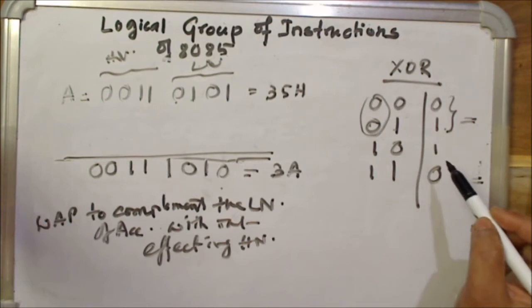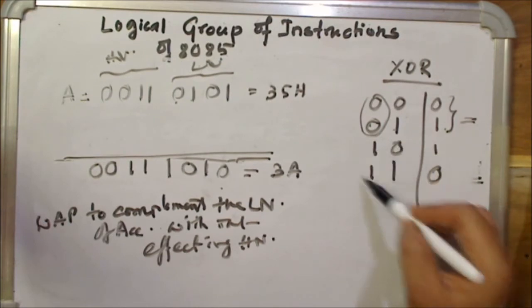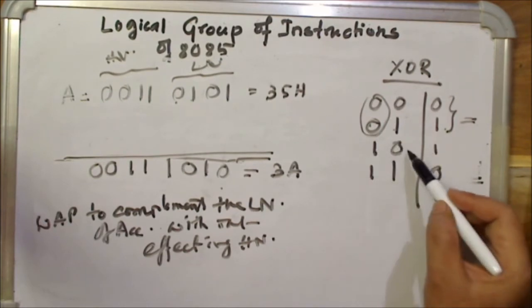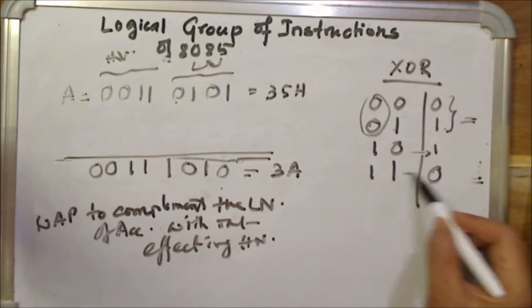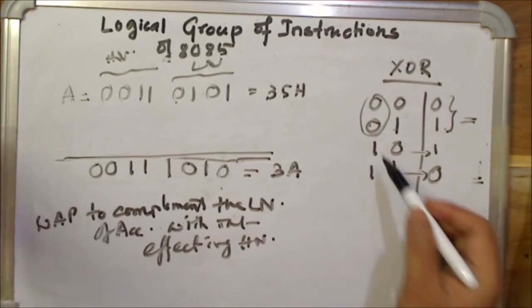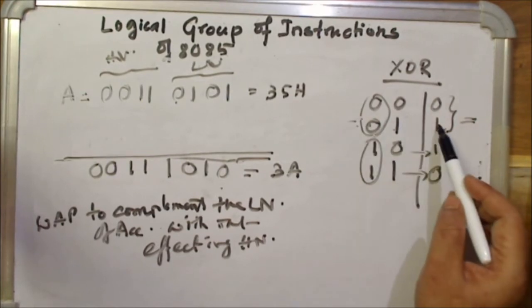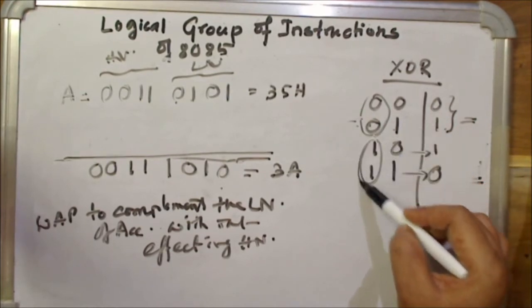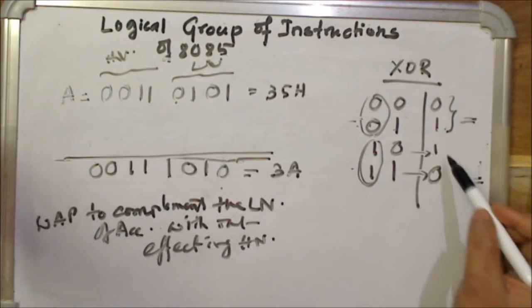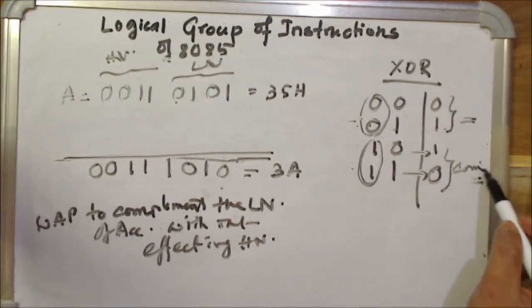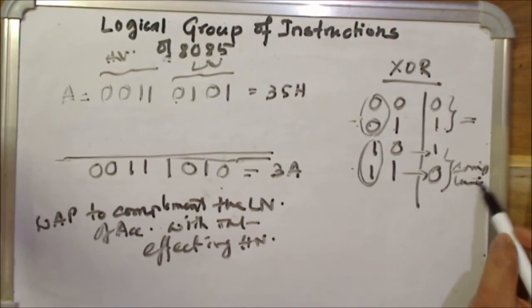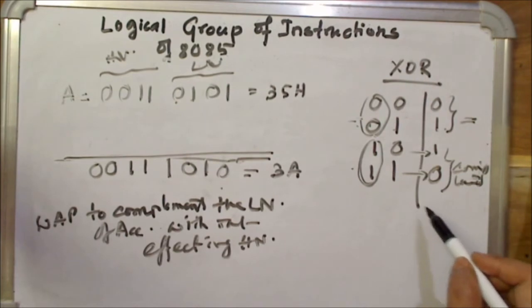But if you XOR any number with 1, the number gets complemented. See, 0 becomes 1 and 1 becomes 0. Understood? If you XOR any number with 0, it remains as it is, and if you XOR any number with 1, the number gets complemented.